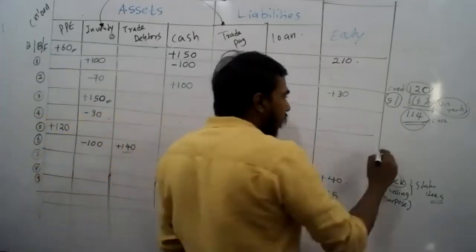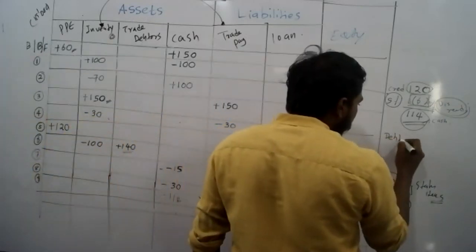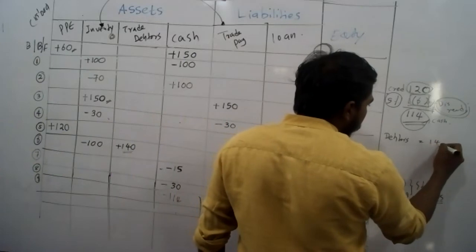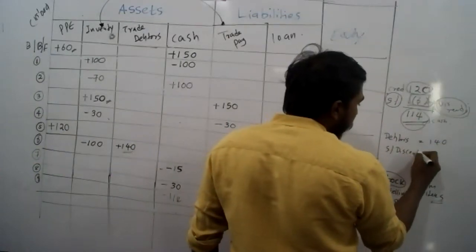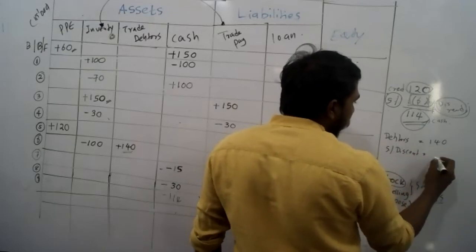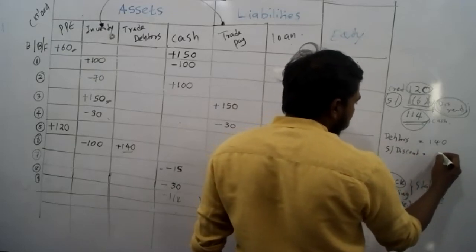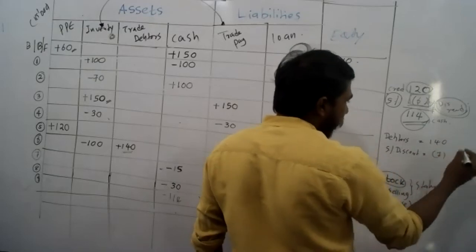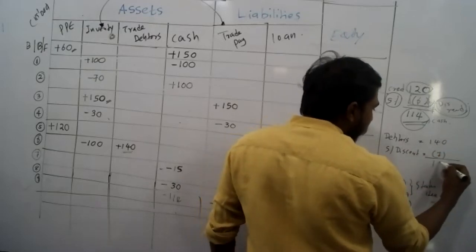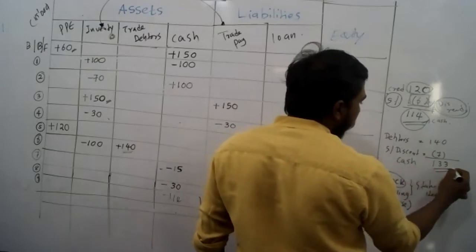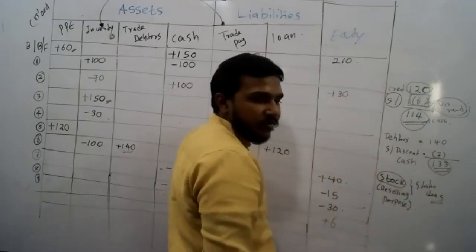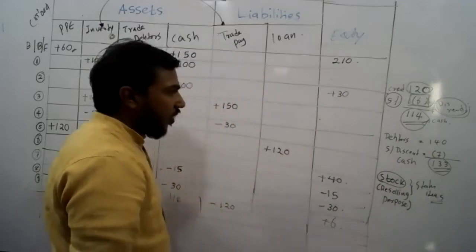Now see, how much is the debtors value? 140. Then you give the 5% discount. How much is it? 7. 5% is 7. Take the calculator and do it. Then the debtor is supposed to give you cash of only how much? 133.